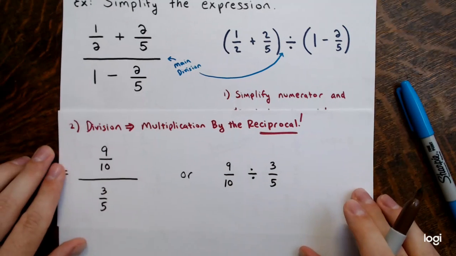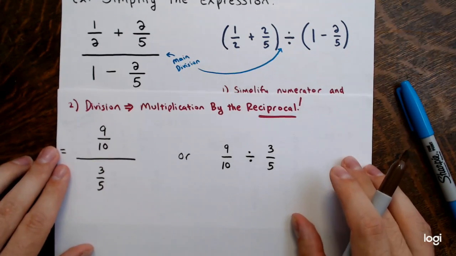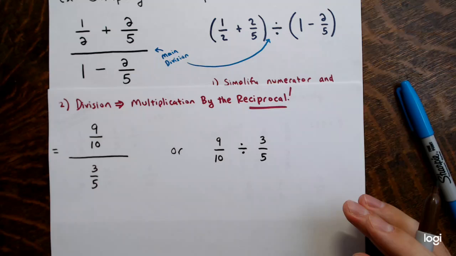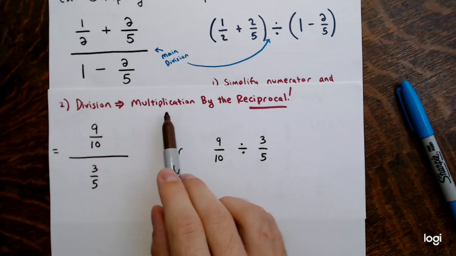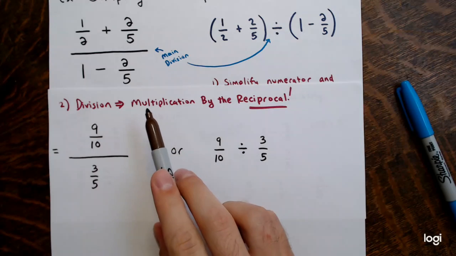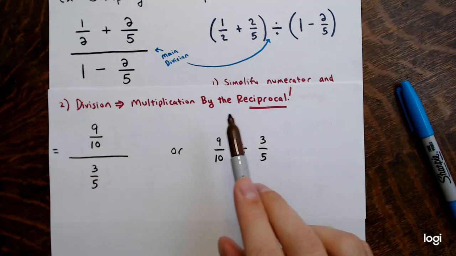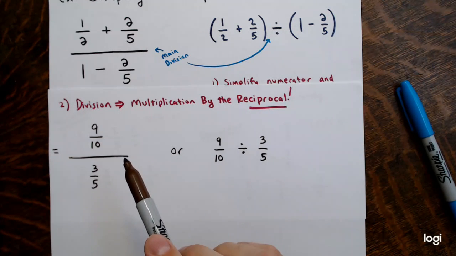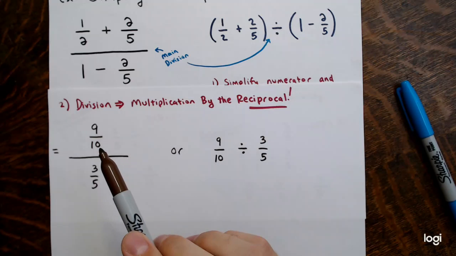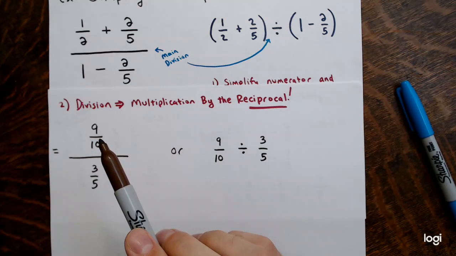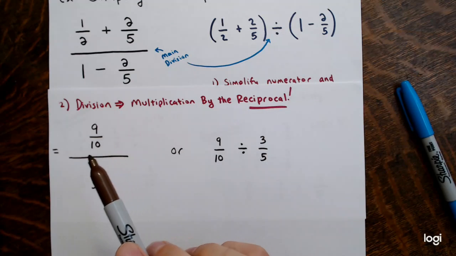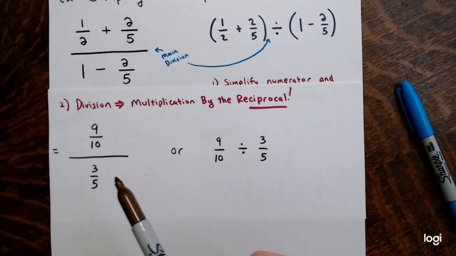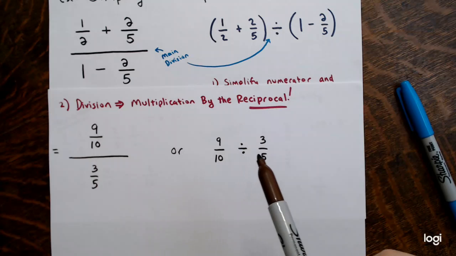I have put up a video before on dividing fractions, and I've said the same thing there. Division is multiplication by the reciprocal. So when you see 9 divided by 10, that's the same thing as 9 times 1/10. When you see 9/10 divided by 3/5, this is the same thing.